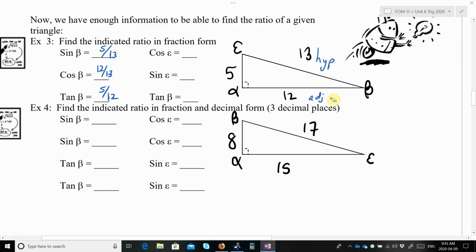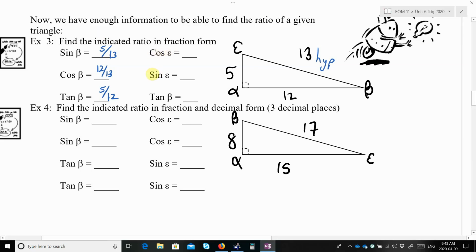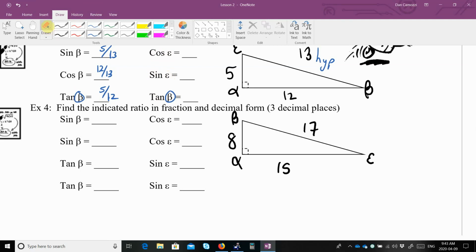Now, things switch around a little bit if we are talking about angle epsilon. So notice the next little part is cos epsilon, sine epsilon. Oh, and then it's got tan beta. So really that second beta should be an epsilon, so let me fix that.